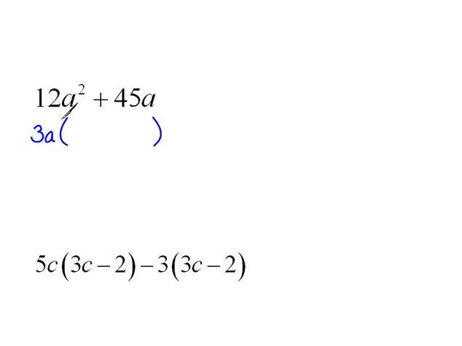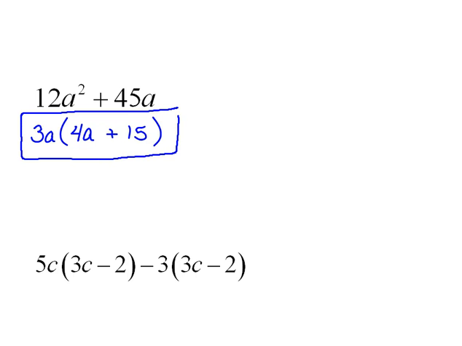Now 3a times what would give us 12a squared? That would be 4a. If we were to multiply those back together, we would get that first term. And 3a times what would give us 45a? Well, that would be a positive 15. So this is factoring the GCF out of that binomial.